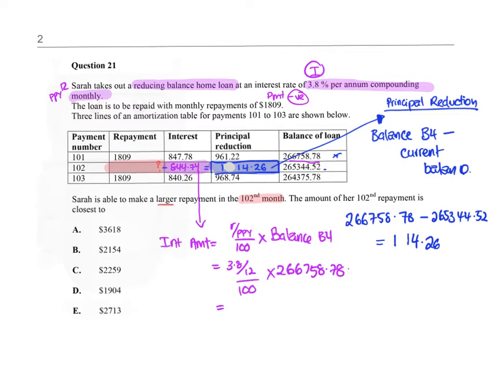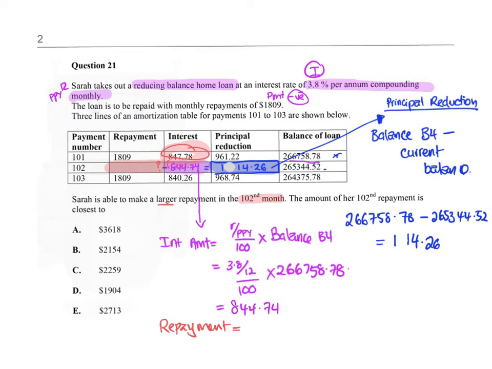Now, just so you can check that, this interest should be getting less, and it has. So I'm happy that number is correct, that it was 844.74. So now to find out what that repayment must have been, the principal reduction would have been the payment minus the interest.